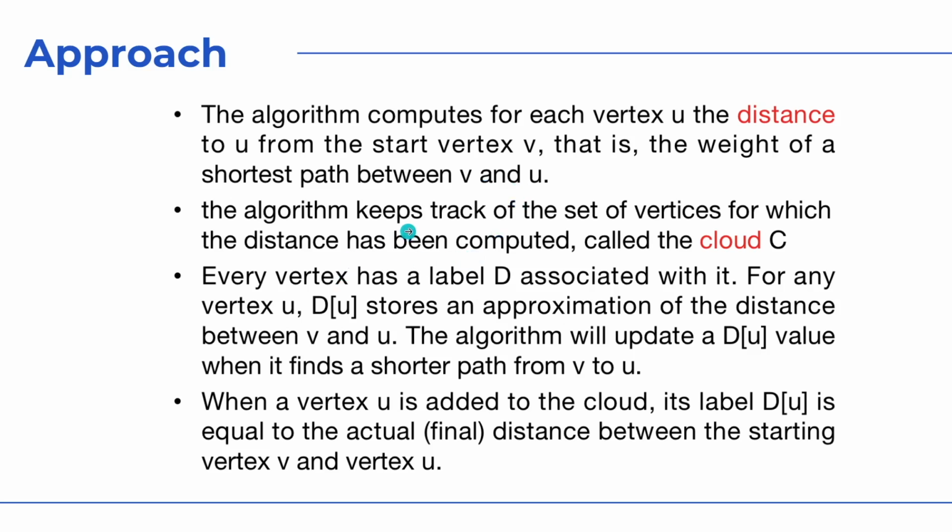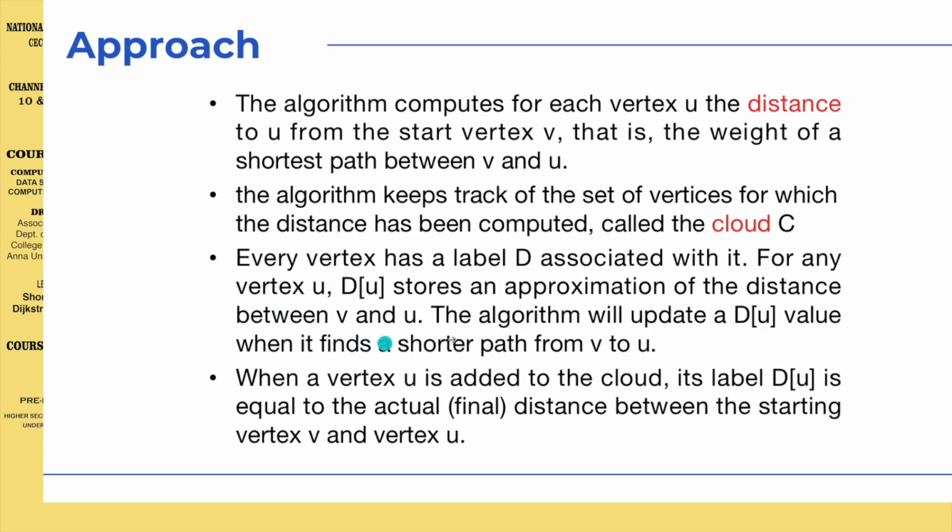The algorithm keeps track of the set of vertices for which the distance has been computed, and let us for the time being call this set of vertices the cloud C. Every vertex has a label associated with it. We call that label d, and for any vertex u, this label d of u stores the approximate distance between the vertices v and u.